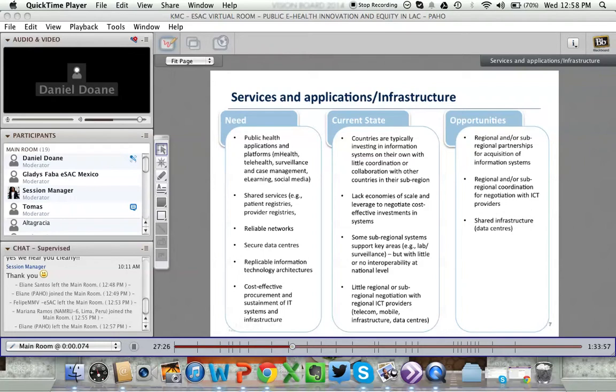We have to have information technology architectures that are reliable and replicable, meaning that the way we design how our networks are structured, how our applications are structured, how our applications are able to communicate with each other is a challenging process, and it does not necessarily need to be done country by country in a unique way.